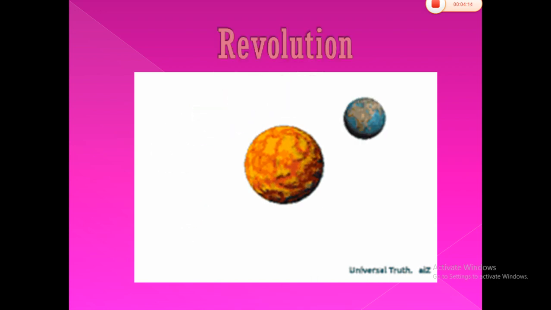The movement of the earth round the sun along its orbit is called revolution. The earth takes 365 1/4 days to complete one revolution. This period of time is called a solar year or a year.